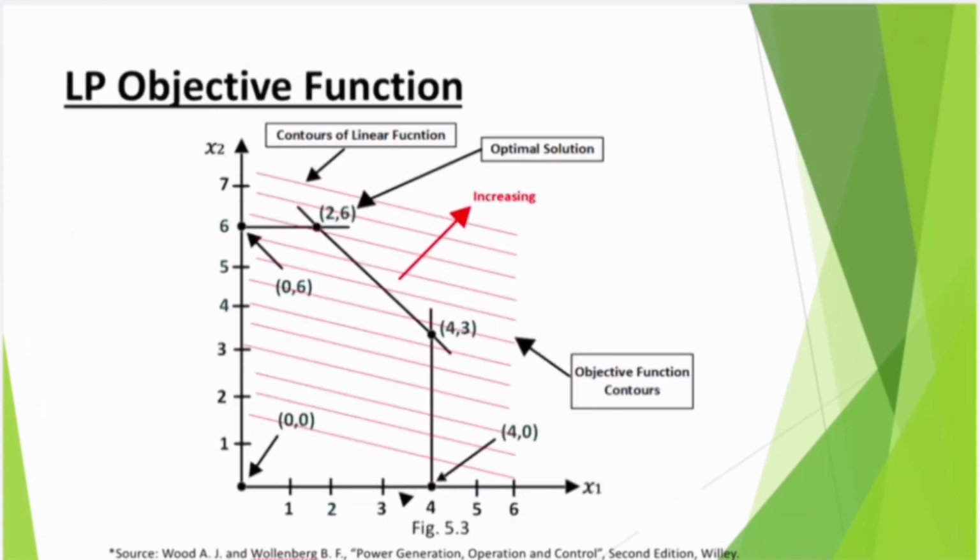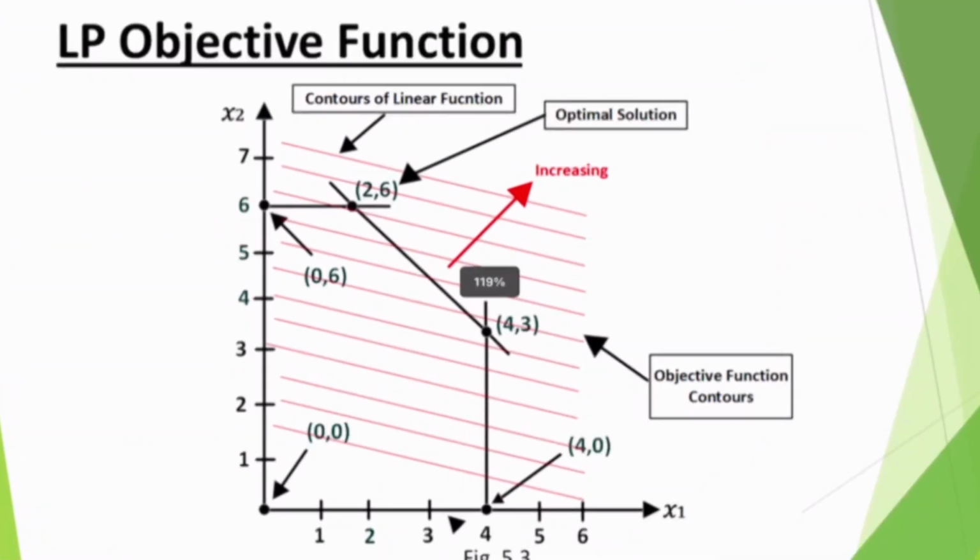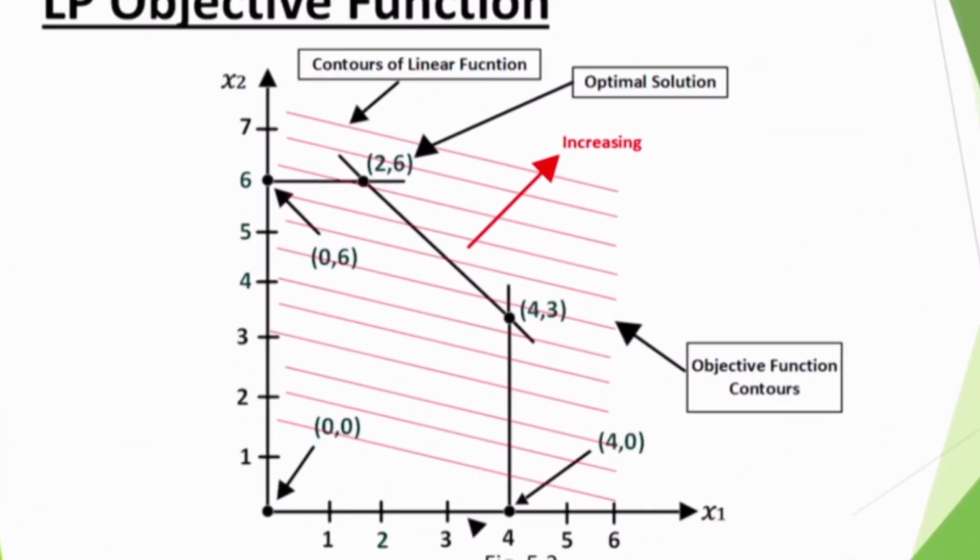Now, when I talk about the LP objective functions, in this exercise, as you could see, there are different points here. This is the objective function, which has been plotted with my different variables and constraints. This is known as contours of linear functions, am I right? And you can see the objective function at different points.